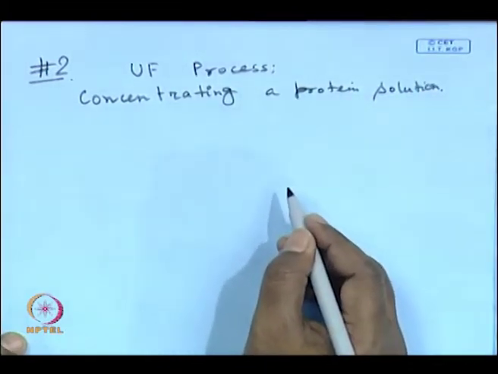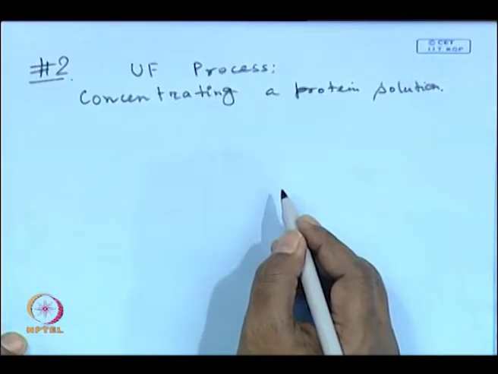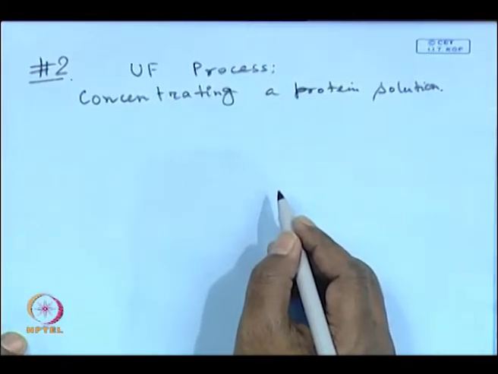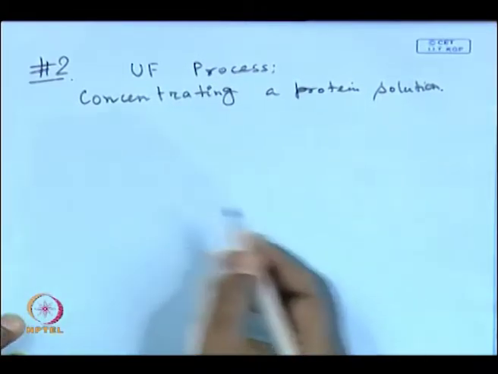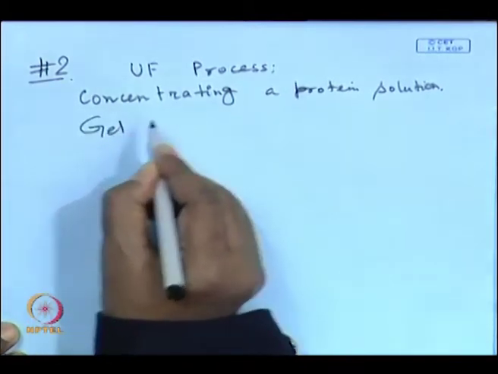Since the protein solution will have a high molecular weight, it will have a larger size. Therefore, the filtration is gel layer controlled in this particular case. The previous problem we did was for the osmotic pressure control case. Now, it is a gel layer controlling filtration.